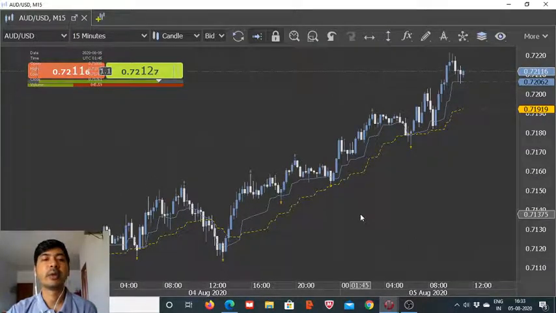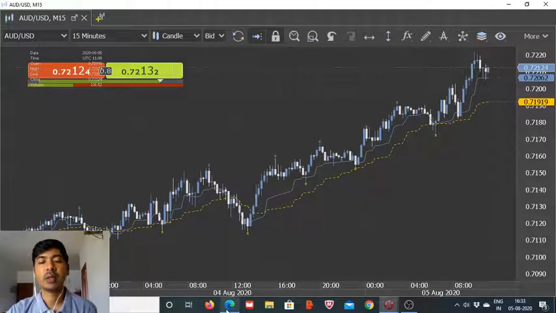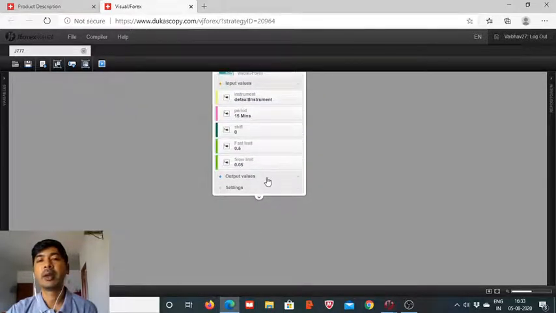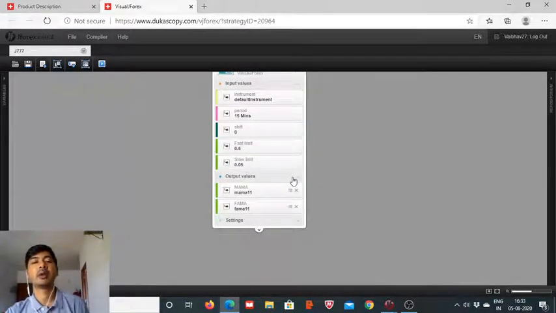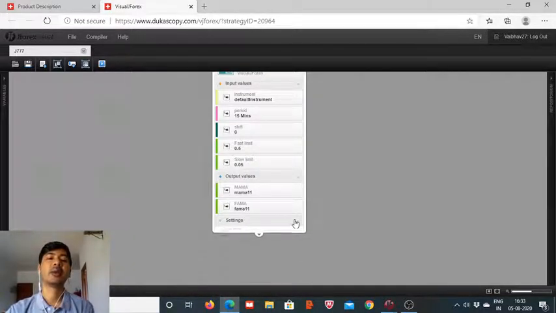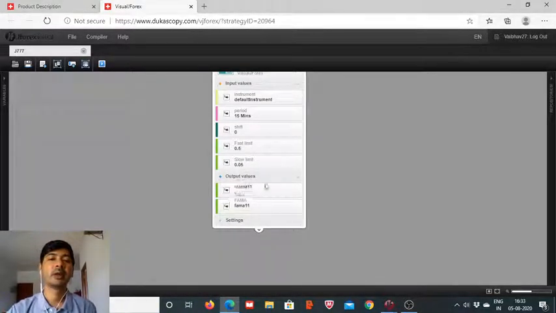and also we have to now see some of the settings which need to be defined for the MAMA, and then I think we will take into account the price on which the MAMA needs to be calculated. So here the output values are MAMA 11 and FAMA 11.